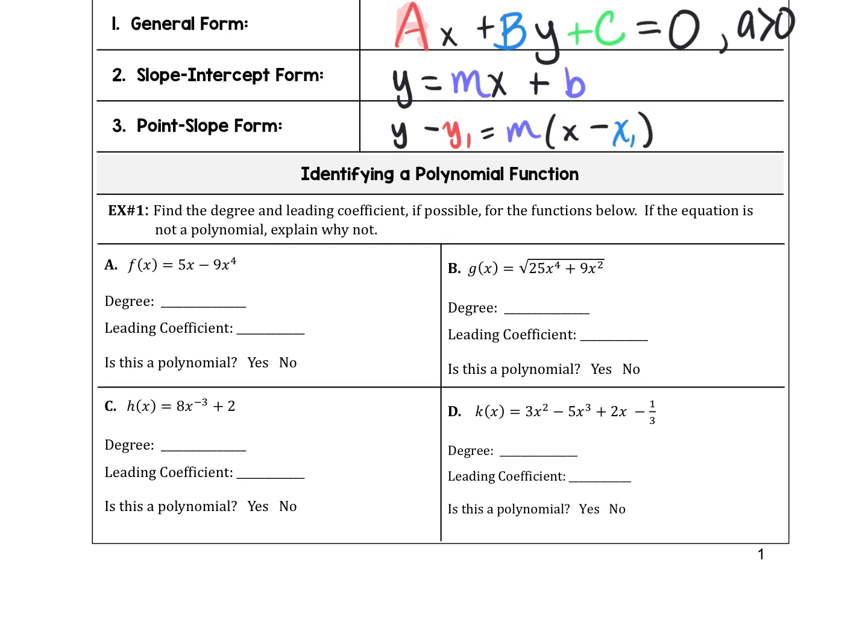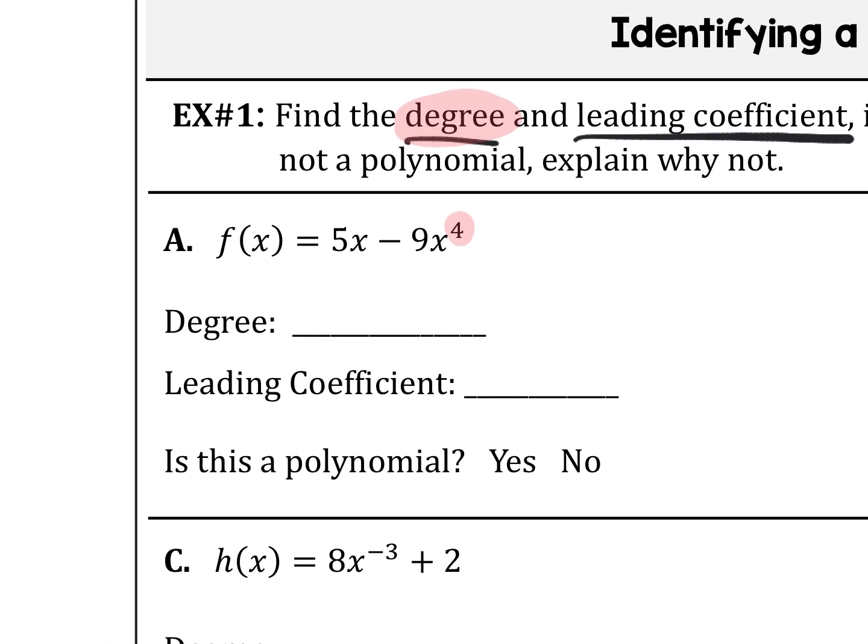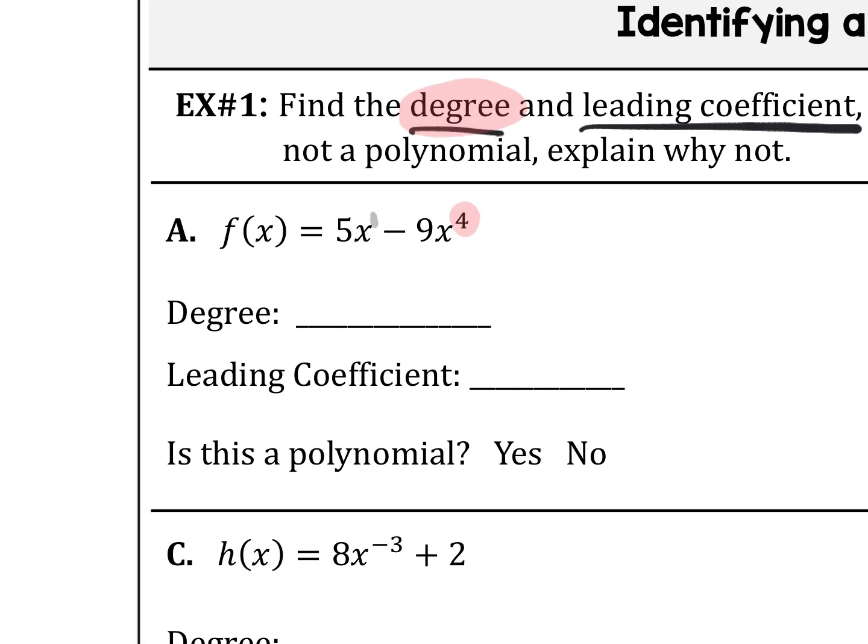Okay. So if I'm identifying a polynomial function, for example, if we find the degree and the leading coefficient, if possible, for the functions below. Remember that the degree is the highest exponent. So for example, in a, this right here is 4, which tells me it's the highest exponent because if I look here, there's an invisible exponent of 1. So that tells me that the degree is 4.